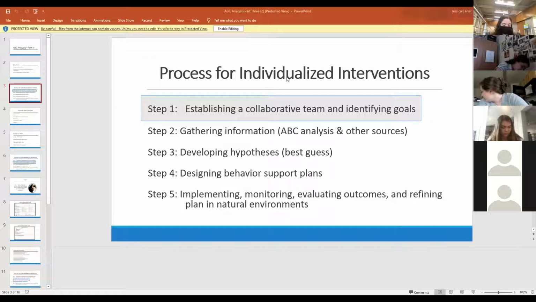The reason is because we are going to develop some sort of individualized intervention to help us manage this challenging behavior, right? In the most informal way, establishing a collaborative team is probably going to look like parents and then the center staff that work directly with the child are going to be involved.